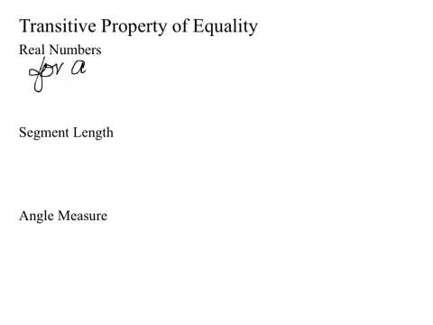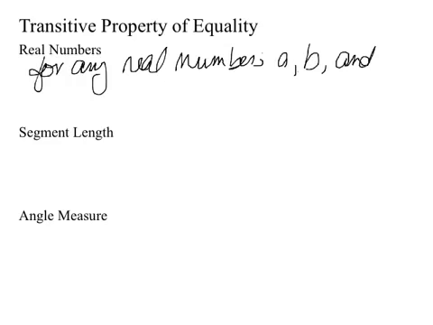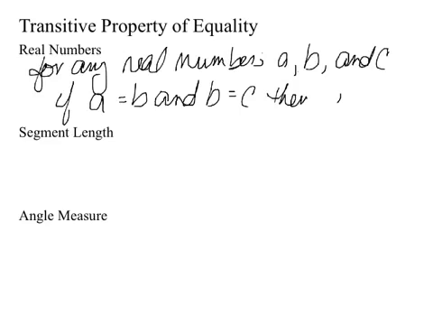So, for any real numbers A, B, and C, if A equals B and B equals C, then A equals C. I figure if a train's going on a track and A goes to B and then B goes to C, well then A can go to C too. We'll try to come up with another trick to remember these, but that one's always worked for me.